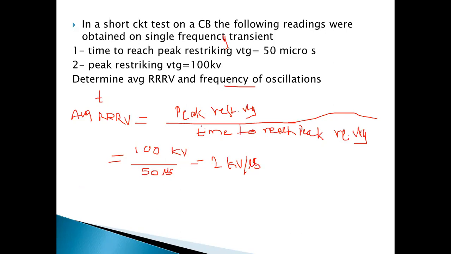Then second is the frequency of oscillations, that is Fn. So Fn is equal to 1 divided by 2 into the time to reach the peak value, that is 2T.